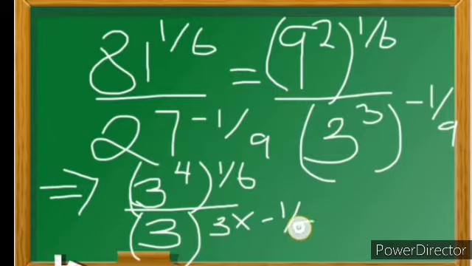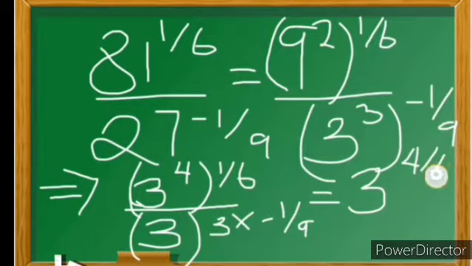And here we are employing the multiplication law of indices. This law states that you can multiply the powers of a number when it's in a bracket and outside the bracket. Those numbers can be multiplied. So we're going to multiply 3 raised to power 4 times 1 over 6, giving us 3 raised to power 4 over 6.